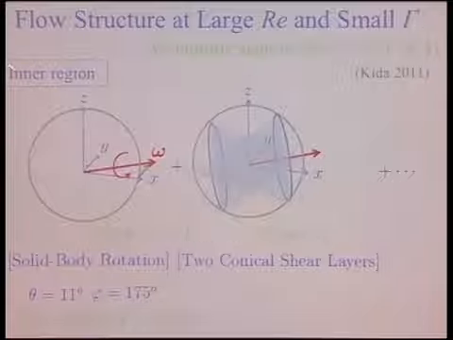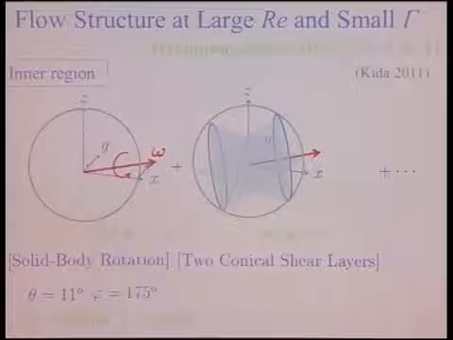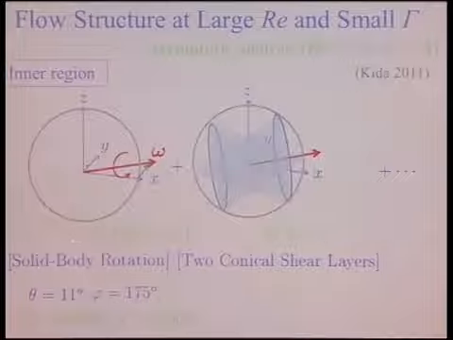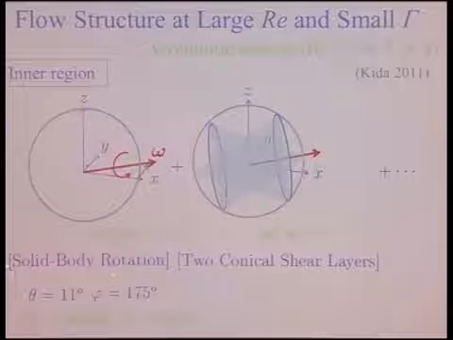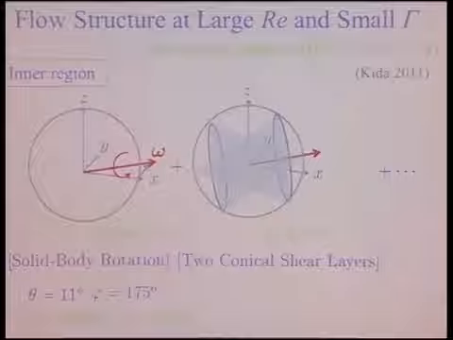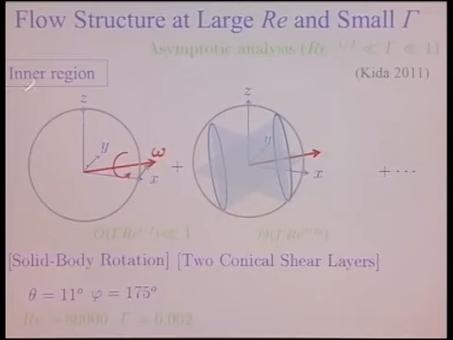In the interior region, there are boundary layers, but in the leading order, the flow is solid body rotation. We have the original solid body rotation by spin motion, but the leading order is another solid body rotation.